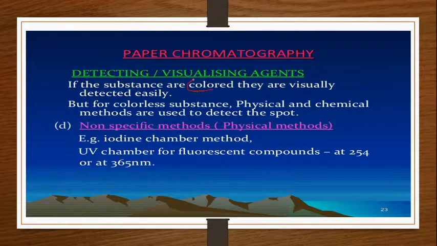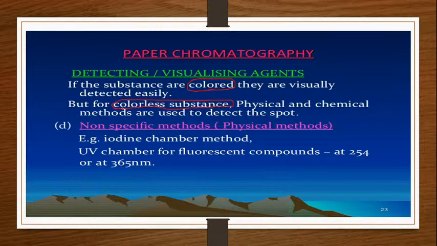But if you have colorless substances, which is a major task for pharmaceutical analysis, because most of our drugs do not have any color as such. This is more important for us, because most of the compounds do not show any color. If you have a colorless substance, physical and chemical methods are there to detect the spot.